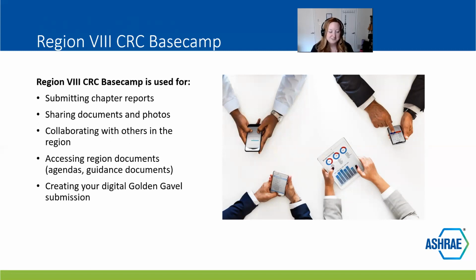For region leaders, this is a way that you can access everything about all chapters in one place. And again, if everyone is using Basecamp correctly, no emails need to be sent. Hey, can you send me your last newsletter? When's your next event? What's the last report? It's all available in Basecamp. So it's really helpful for everyone to use this tool.